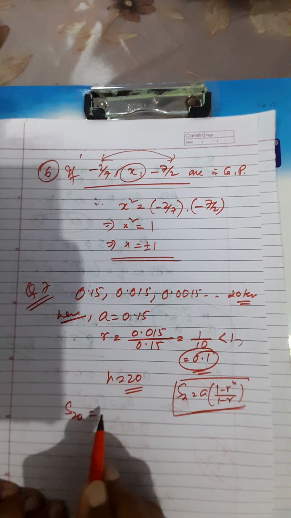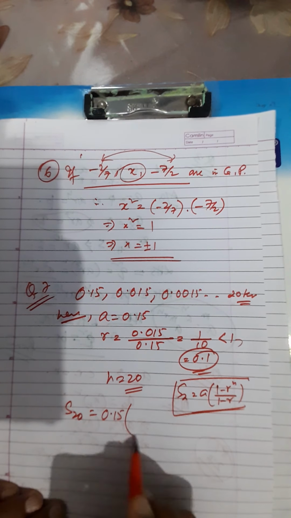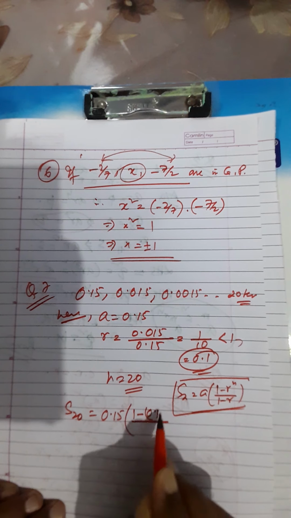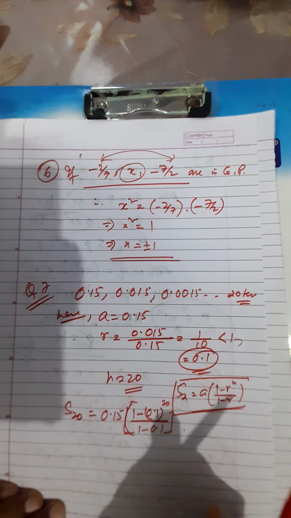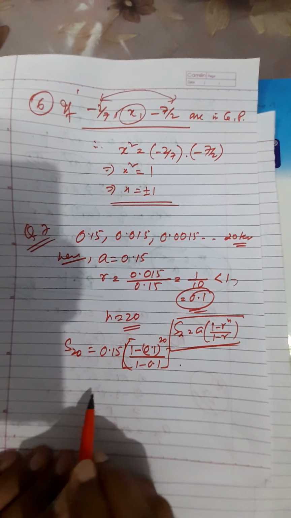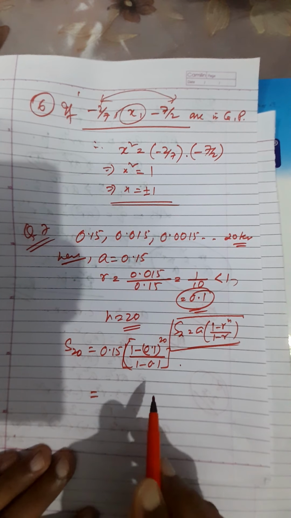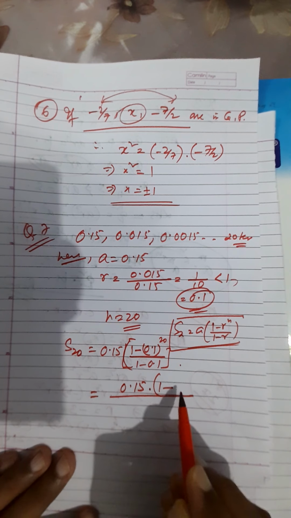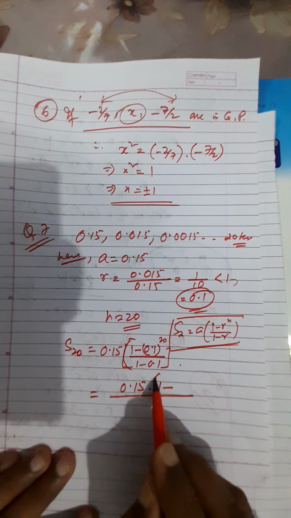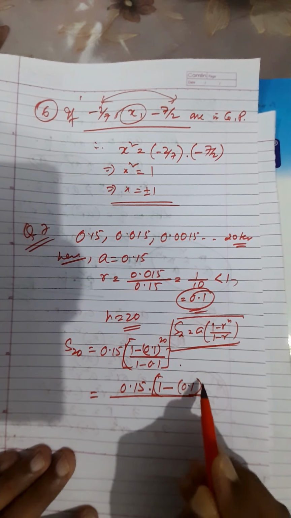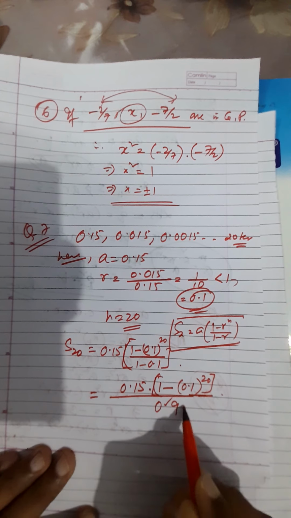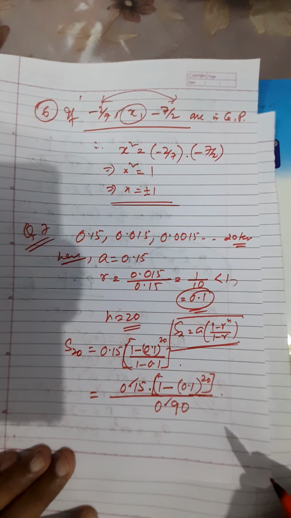So S20 is 0.15 into 1 minus 0.1 whole to the power 20, divided by 1 minus 0.1. If we simplify this, keep 1 minus 0.1 whole to the power 20 as usual, and the denominator will be 0.9, and the decimal point we can remove.